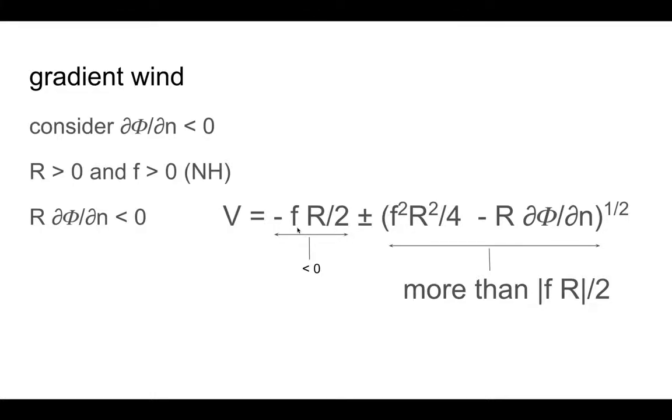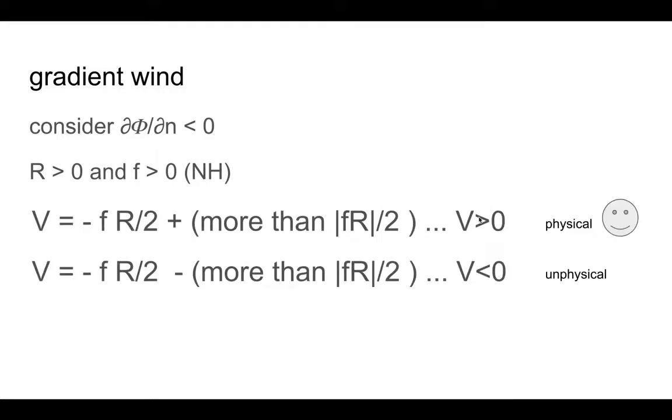But this first term is negative because R is positive. So we have two positives multiplied by a minus sign. So this term out front is negative, and we're going to add and subtract a term that's larger. So we're going to have one physical solution with positive root, and then one unphysical, ends up with negative V, the negative root.